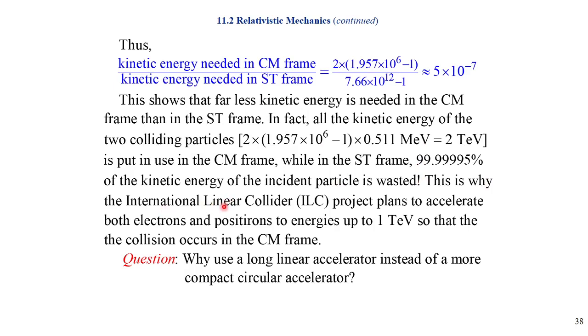That's why the International Linear Collider project plans to accelerate both electrons and positrons to energies up to 1 TeV, in an electron-positron collider, so that the collision occurs in the center of mass frame.